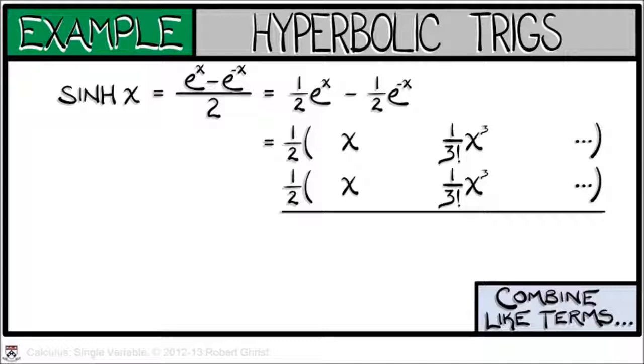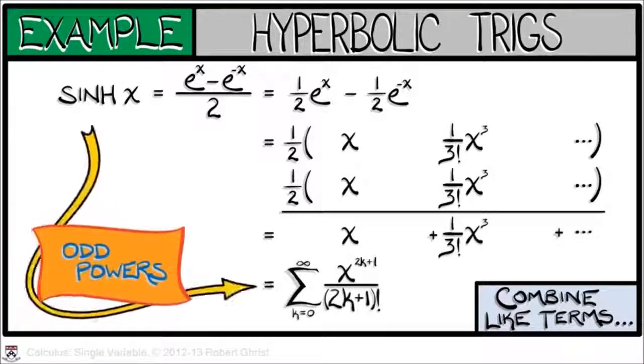And distributing the minus sign through and adding, we obtain all of the odd degree terms in the Taylor series for e to the x. Thus, the sum k goes from 0 to infinity of x to the 2k plus 1 over 2k plus 1 quantity factorial, just like sine.